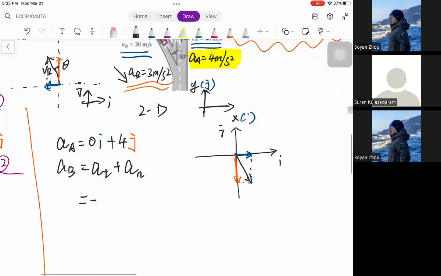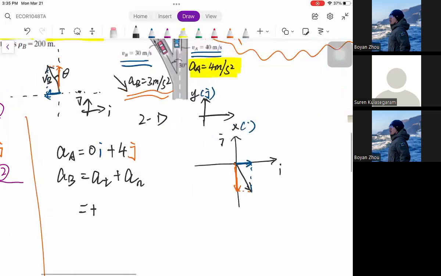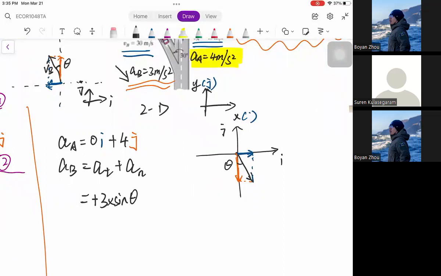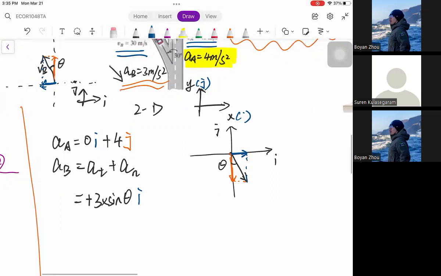So we're going to have a positive for I, and that is 3 times, this is cosine. So that is 3 times sine theta in the I component, check. Sine, yep.